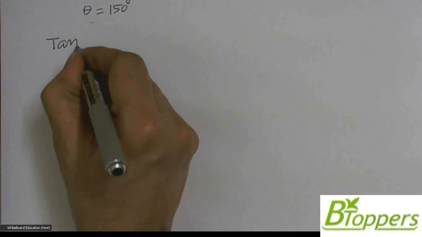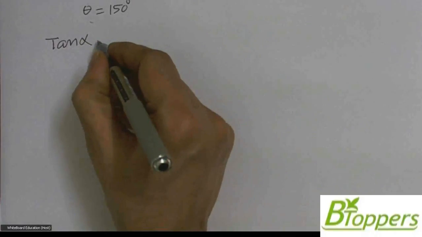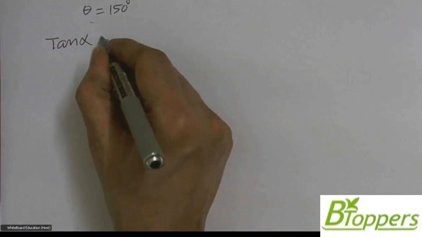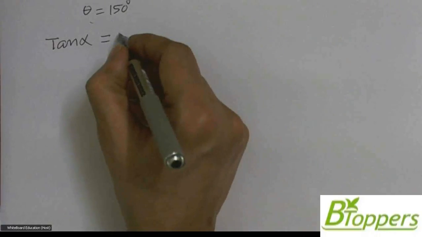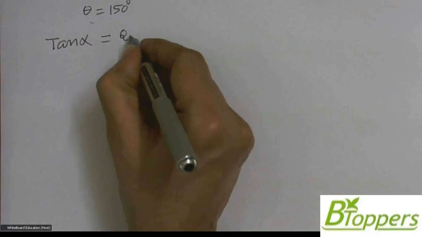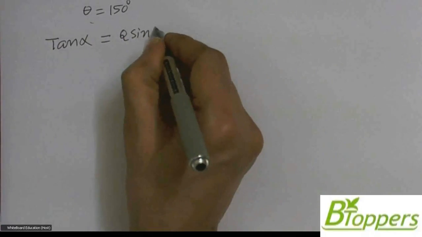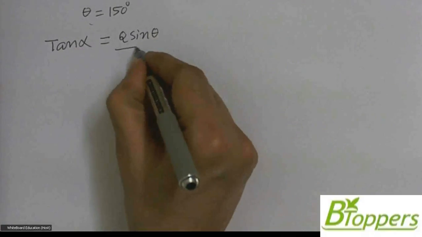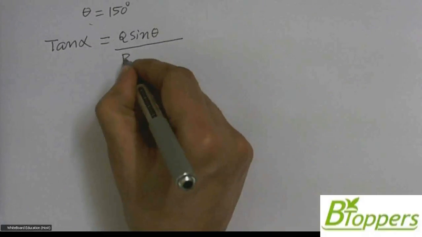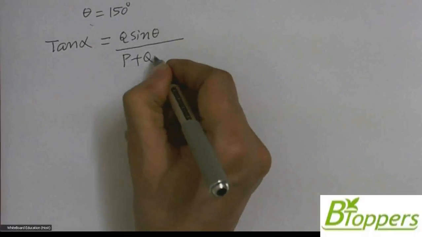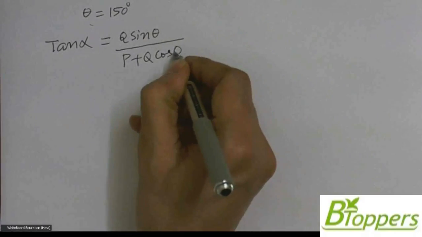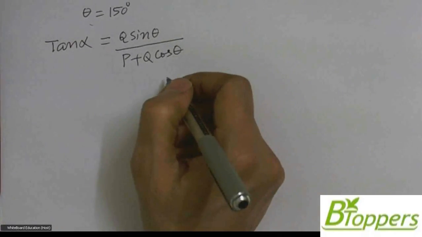As you know, if alpha is the angle made by the resultant of P bar and Q bar with the first vector P bar, then tan alpha equals Q sin theta by P plus Q cos theta.